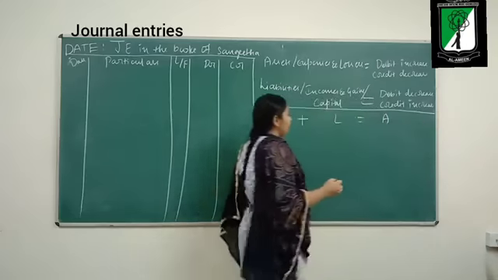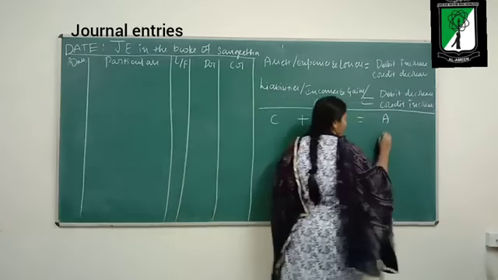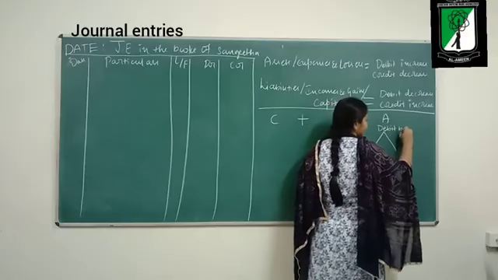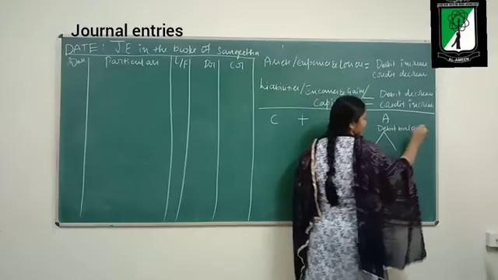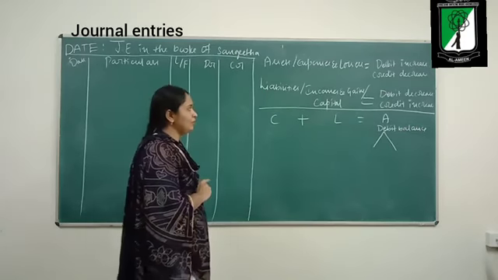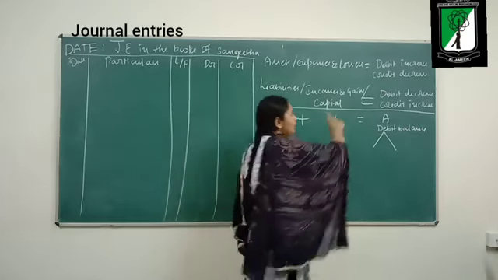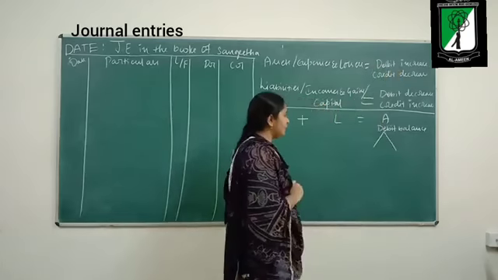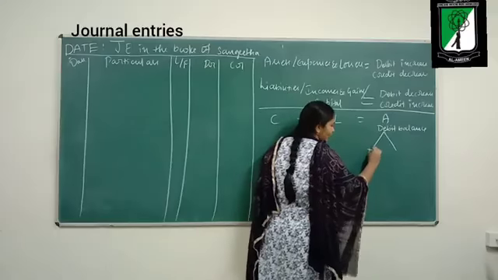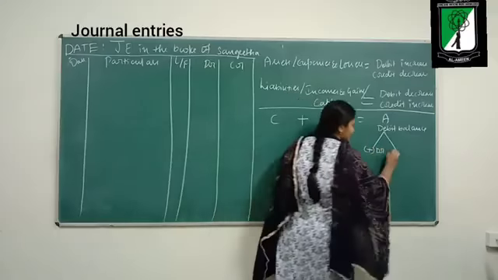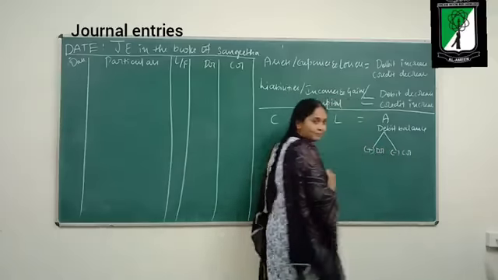Assets always have a debit balance, because an increase in assets should be debited. Increase means plus, decrease means minus.